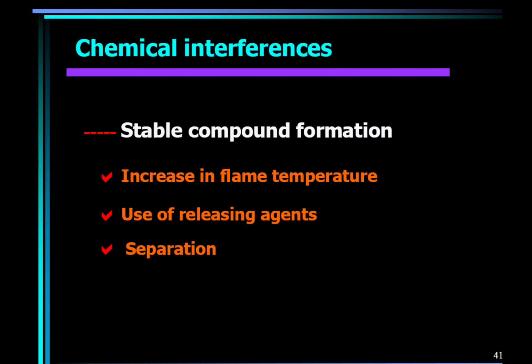Now, we also talked about what we need to do in case you have chemical interferences where you have a stable compound formation. I mentioned the oxides in particular. You need to use a hotter flame, increase the flame temperature. Instead of an acetylene flame, you can use a nitrous oxide flame, a higher temperature, or you use releasing agents.